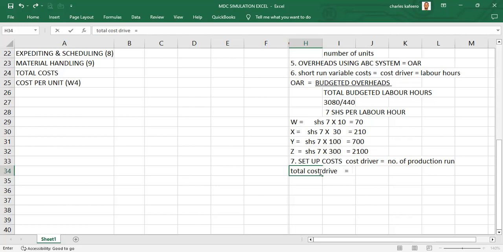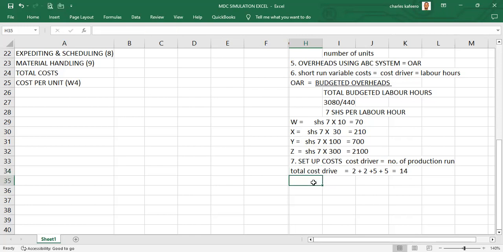So it would be 2 plus 2 plus 5 plus 5, and this will give us 14. That's the total number of production runs. There were 14.